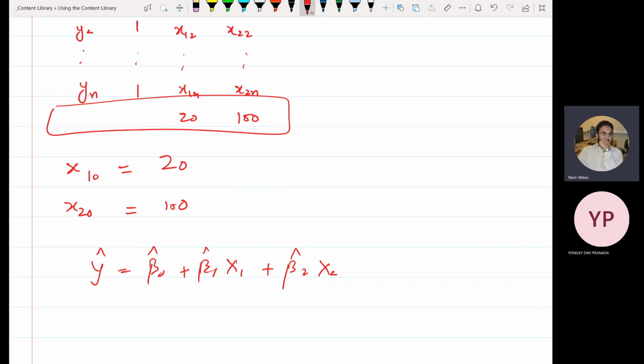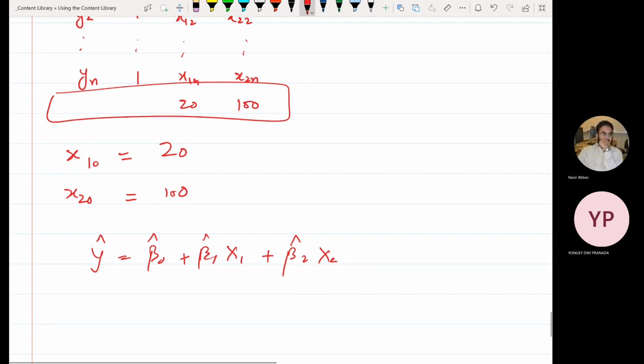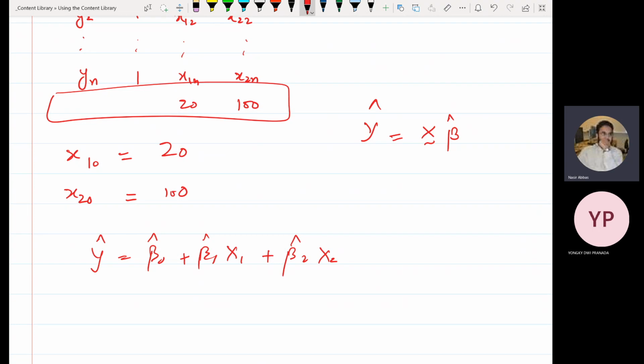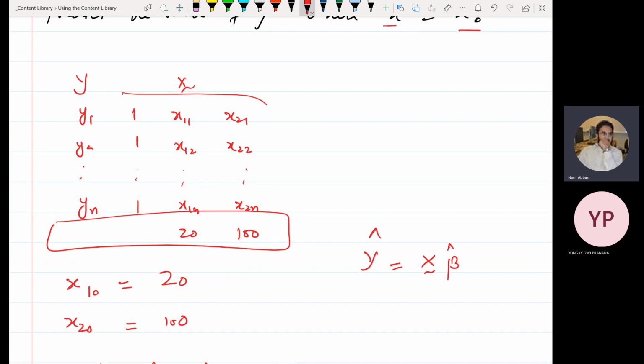How can I do this in terms of matrices if I want? My fitted model is this. In matrices, my fitted model is that, right? Now, my X matrix is this.